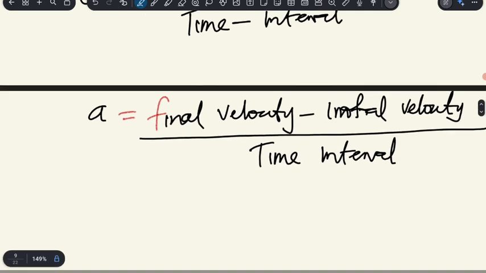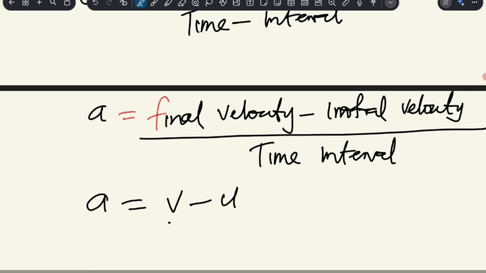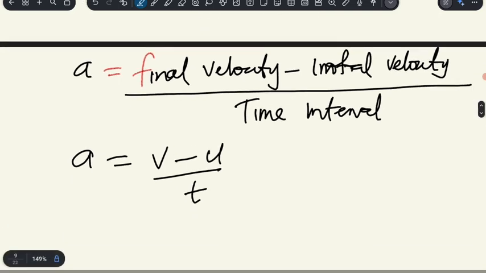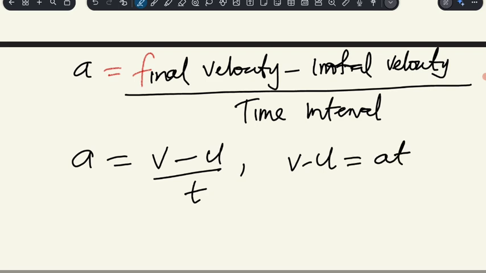Therefore our a will be v minus u over t. Now at this point, let's apply some little mathematics to have v minus u is equal to at.